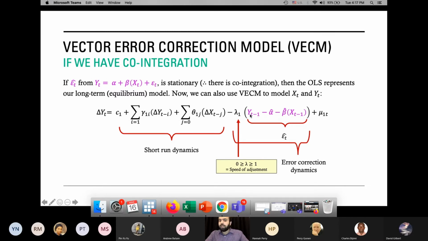We have on average yt minus alpha minus beta times xt will be 0. So on average, this whole term will be 0.